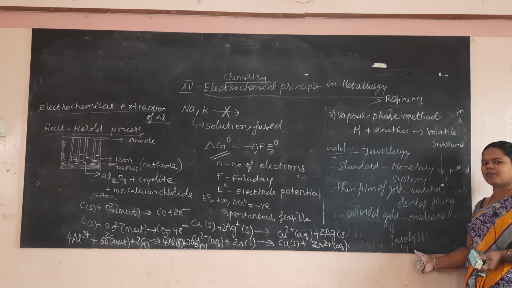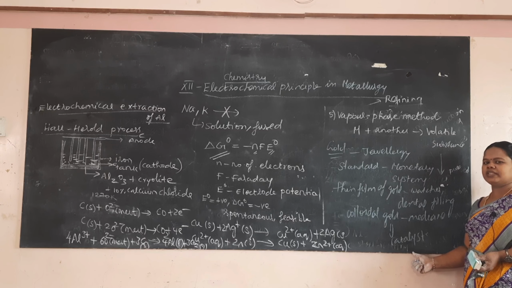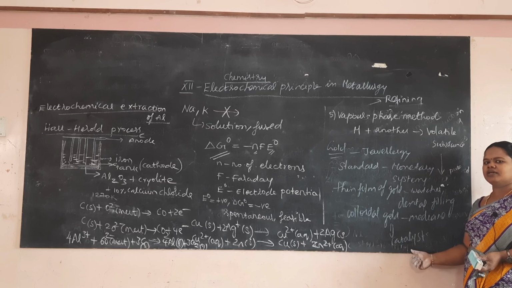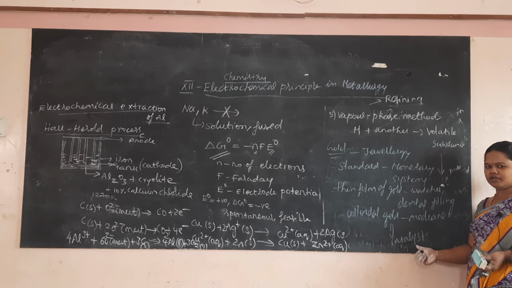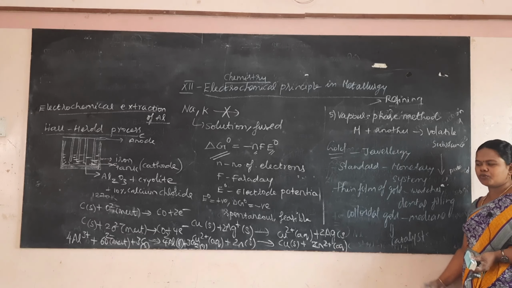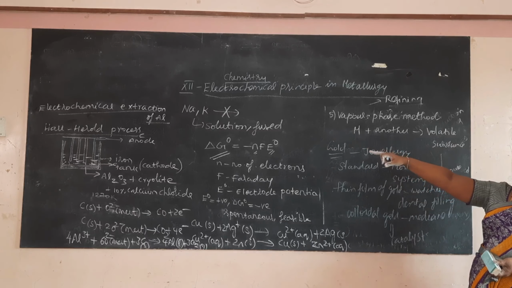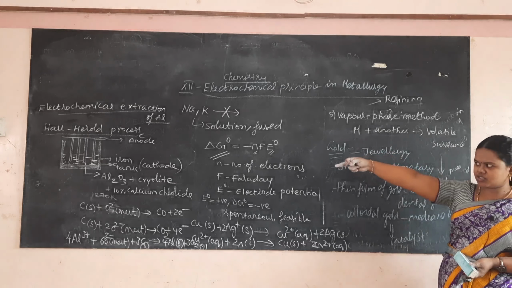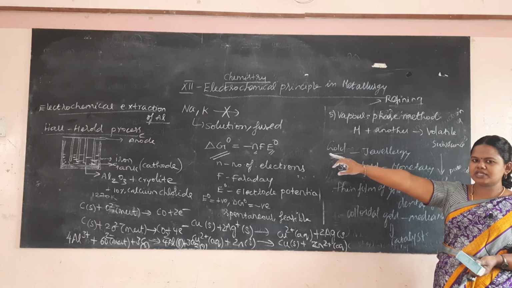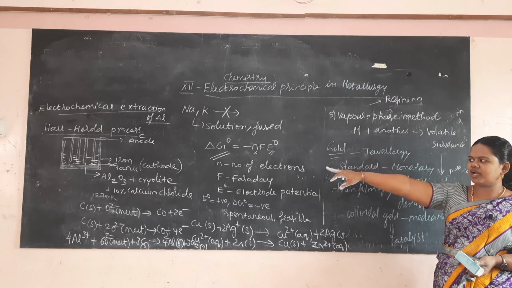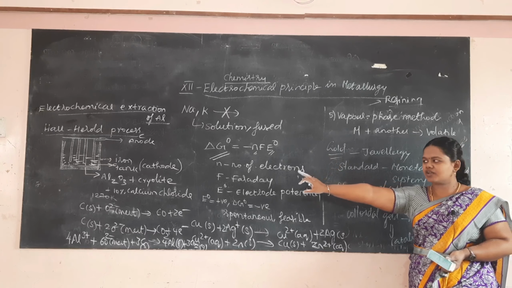So we have learnt the application of aluminium, zinc, iron, copper and gold. I hope you understood today's class, what all we have seen. Electrochemical principle in metallurgy: we saw the electrochemical reaction of aluminium, that is extraction of aluminium.